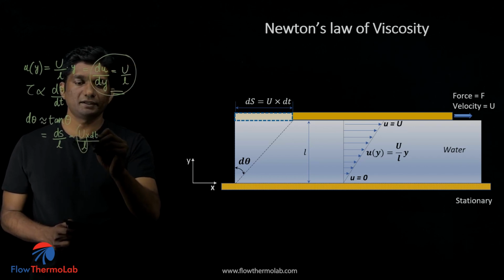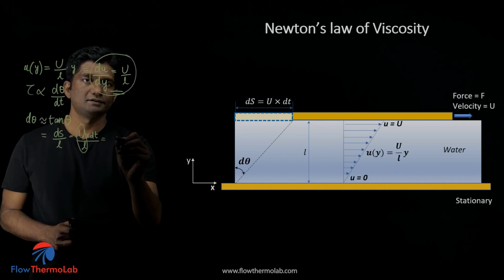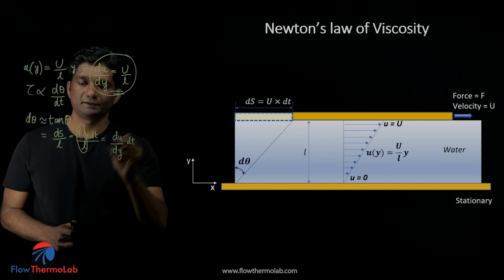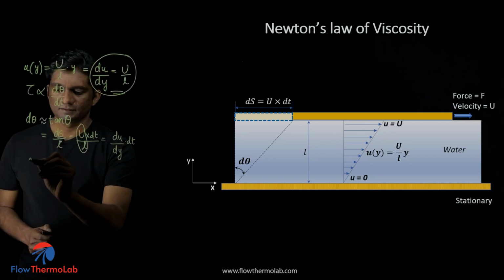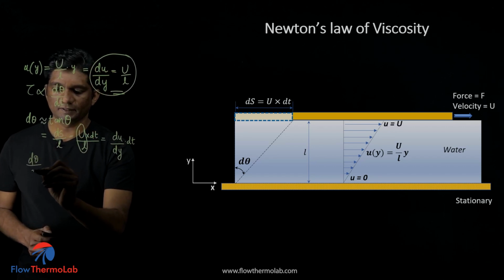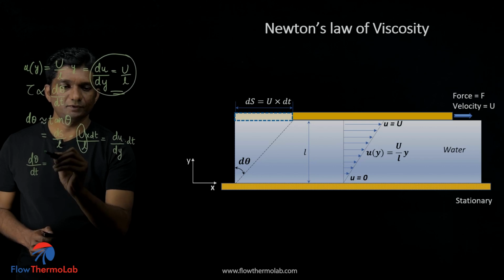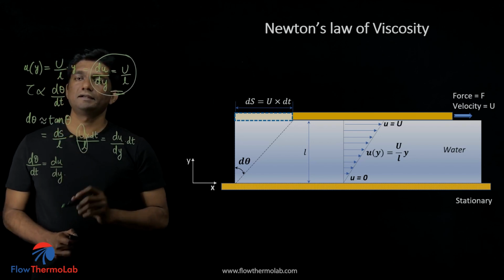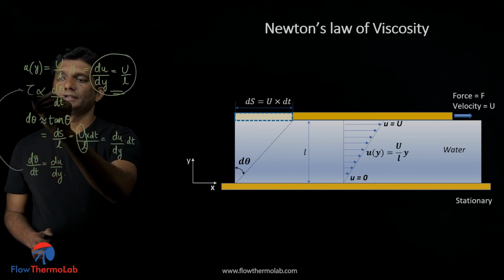So the U by L, you can write as du by dy multiplied by dt. So from this, d theta by dt is equal to du by dy, right? And now we have to put it here.